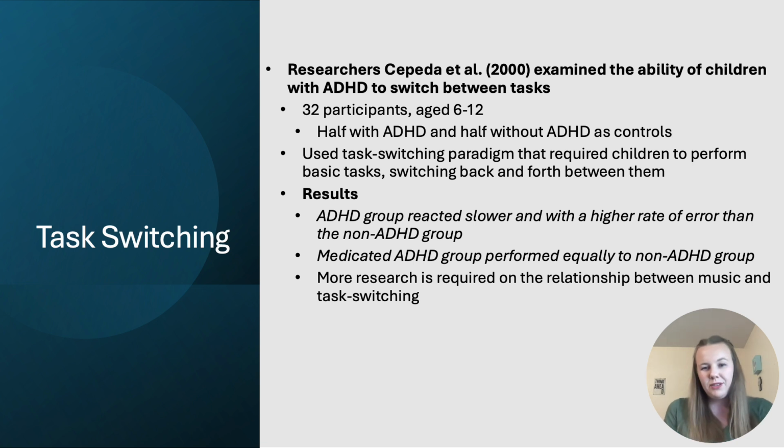But more research is really required on this relationship because this is a very small study. We don't really know a lot about it, other than there was significance in the fact that the students with ADHD did have a hard time switching back and forth between tasks.